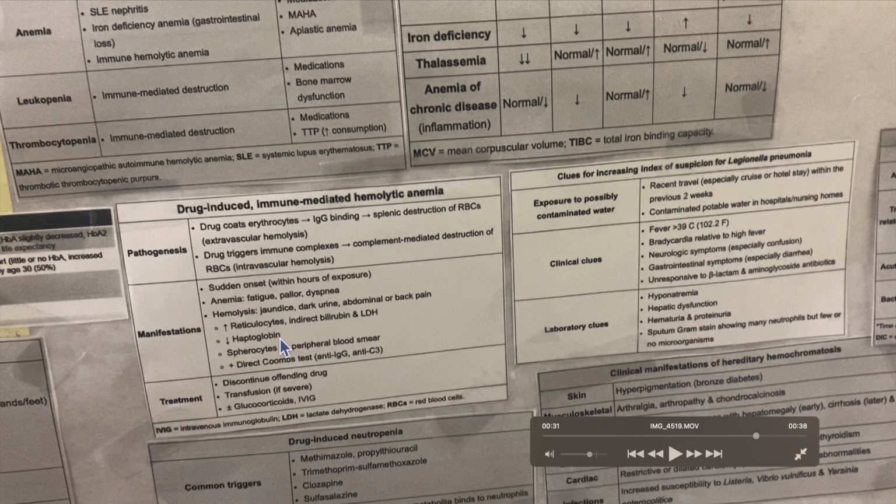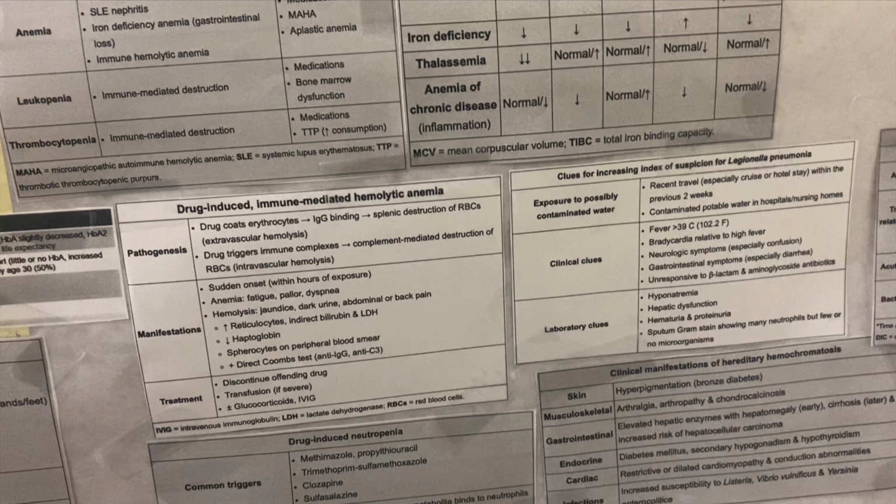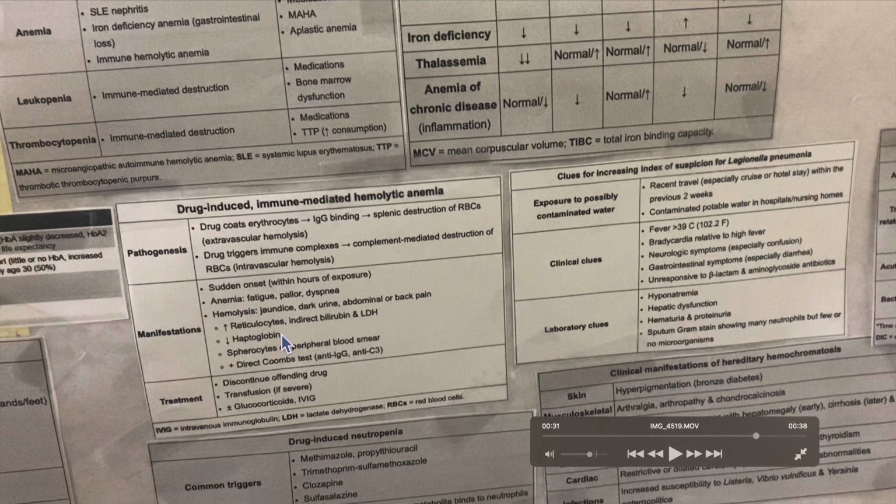Haptoglobin, why? Because they bind hemoglobin. So the hemoglobin that gets leaked out from the ripped RBCs, all those get picked up by haptoglobin. So now you won't have free haptoglobin running around because it's all used up by the hemoglobin from the ripped RBCs.